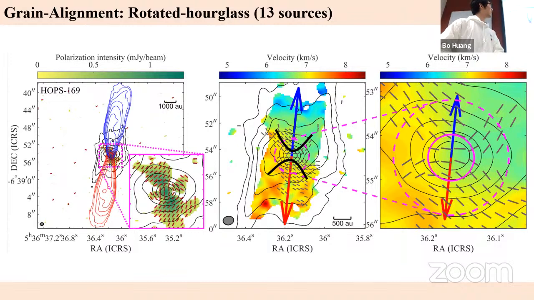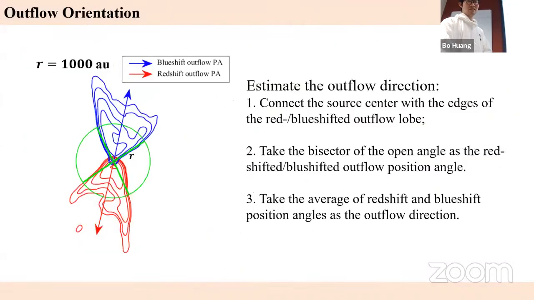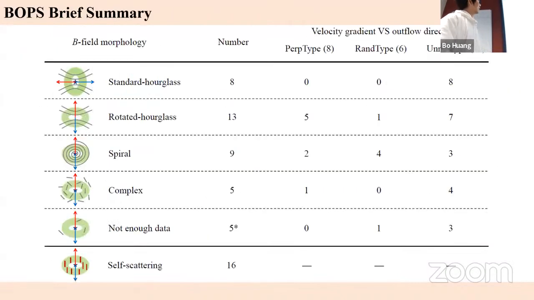In one of your last slides you showed that statistically you cannot distinguish between random and perpendicular direction. But which physical mechanism do you think is more likely at work here? Because there should be two different physical mechanisms.